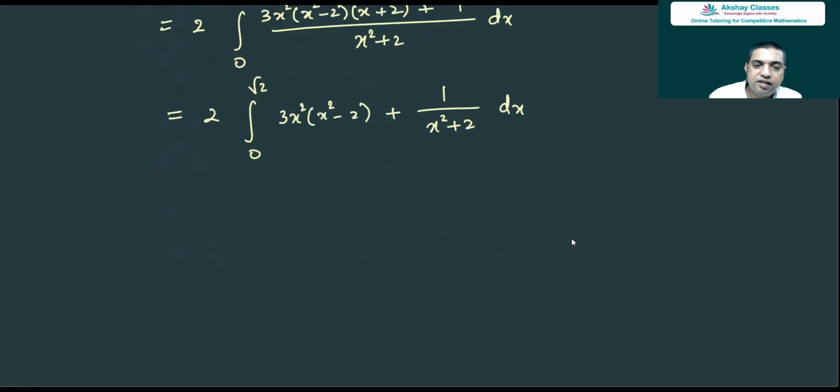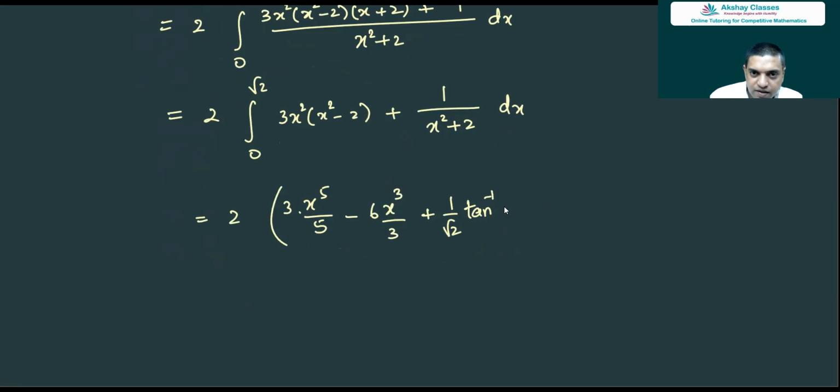Now I'm writing the integral directly. The first term is 3x power 4, so 3 into x power 5 upon 5 minus 3 times 2x cube upon 3, that is 2x cube. So plus 1 by root 2 tan inverse x by root 2. This is the antiderivative of the third term.